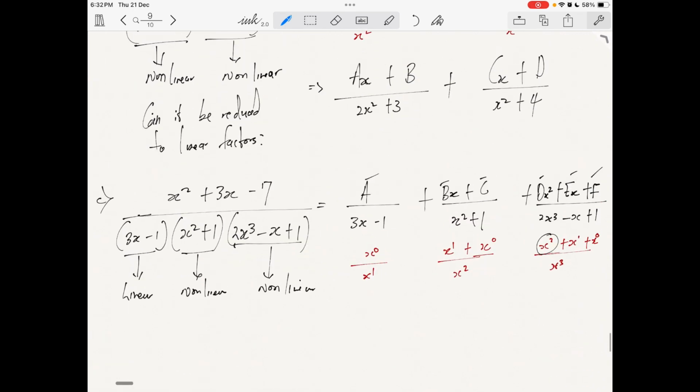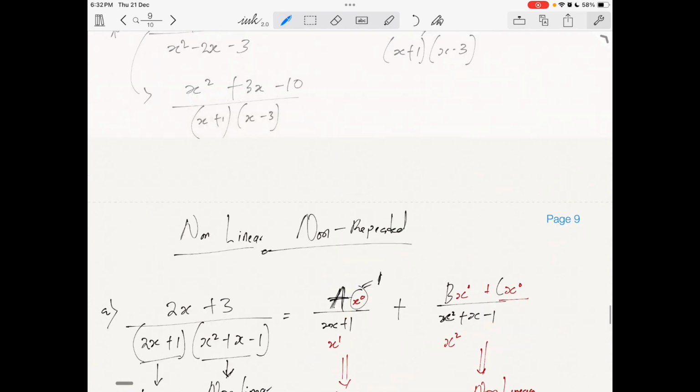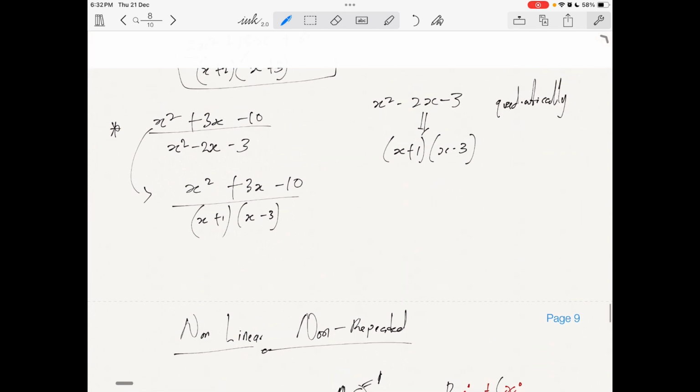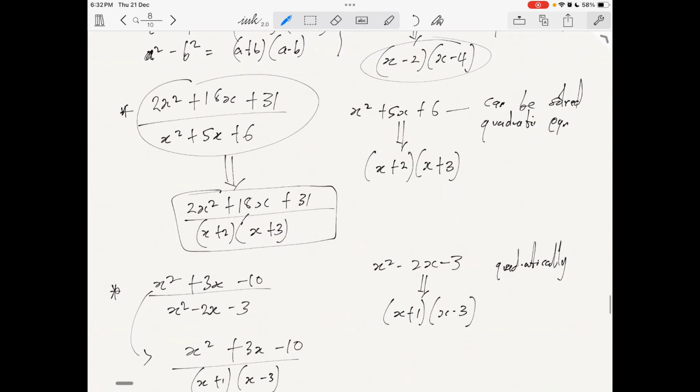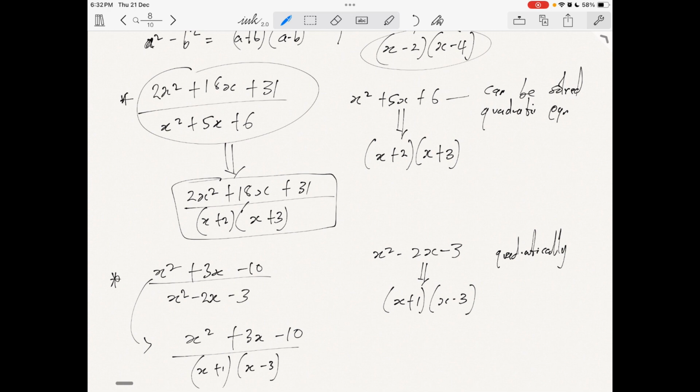So now that we've understood this, let's go back to what we have here. Now we have something like this. Instead of rewriting this to give me this, I can just go straight forward from here and say that it is x squared plus 5x plus 6, right?